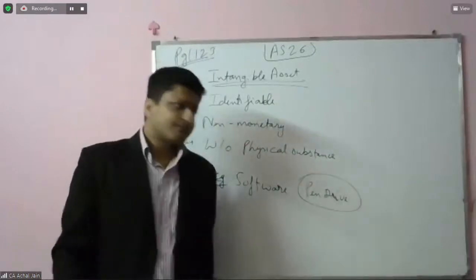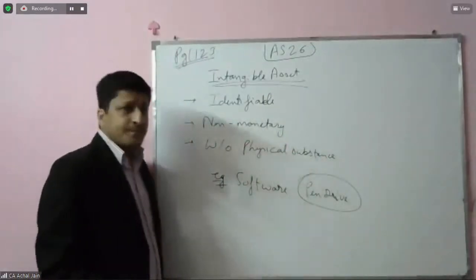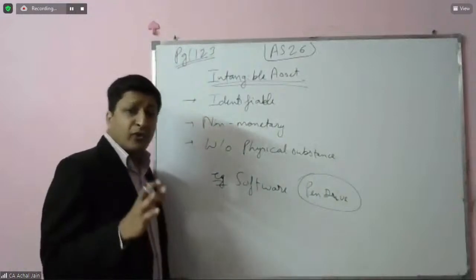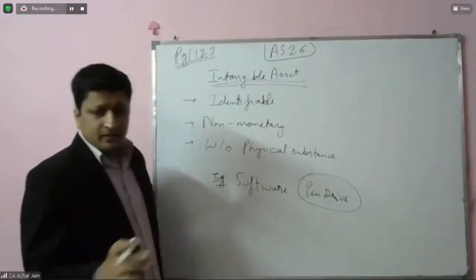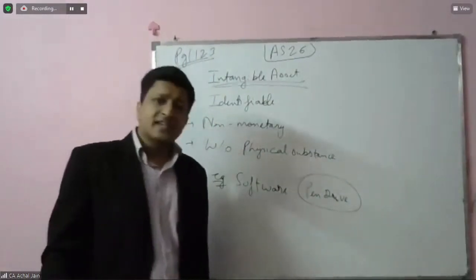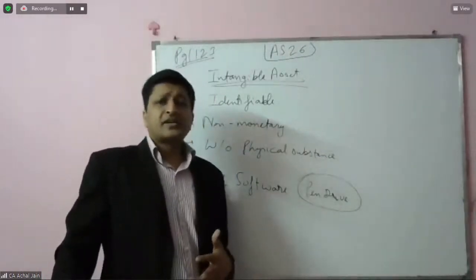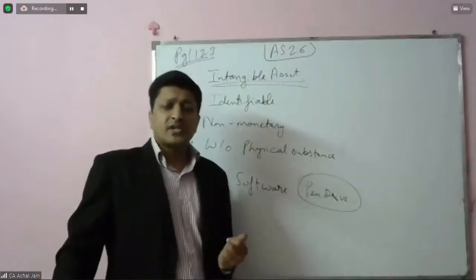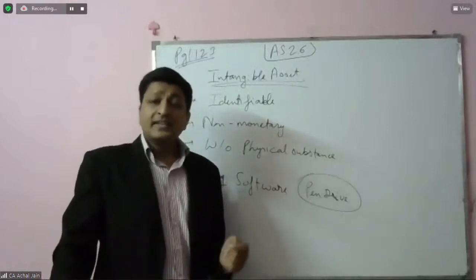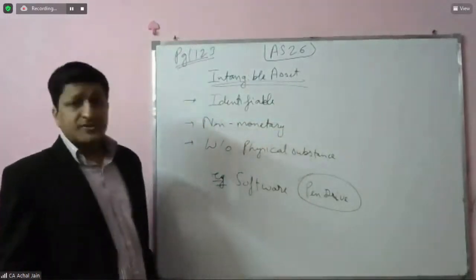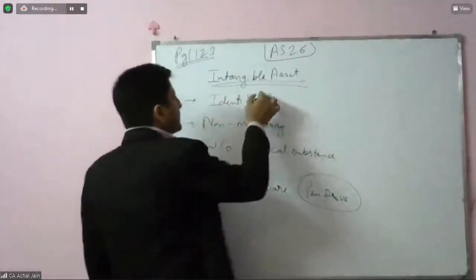Number two, for an intangible asset to be recognized as an intangible asset, I'm not talking about the recognition criteria, but something which is coming from its definition, another very important thing which is required is identifiability.